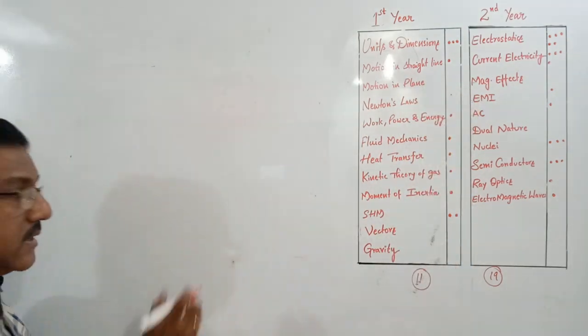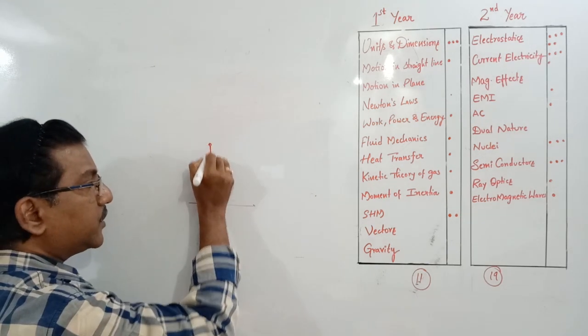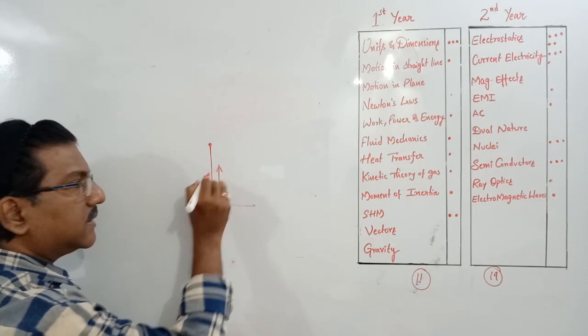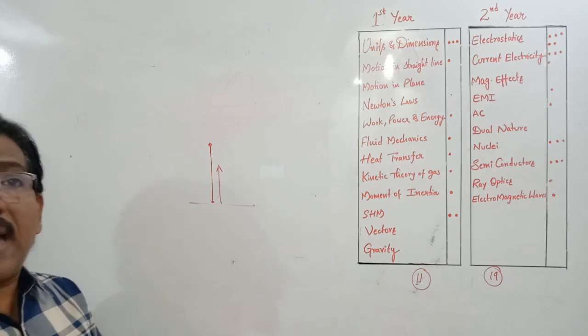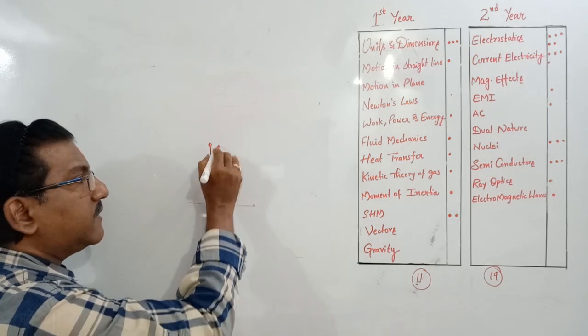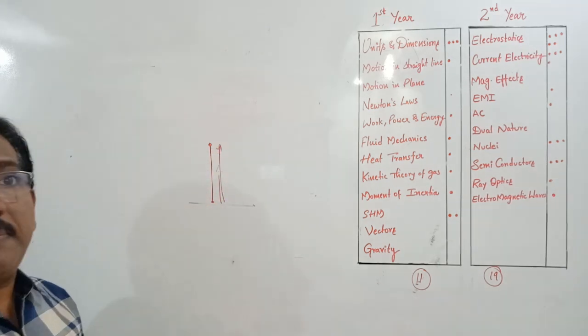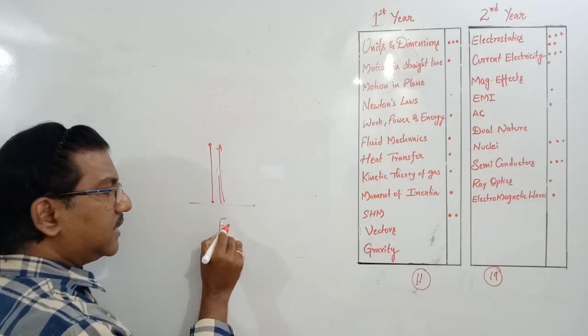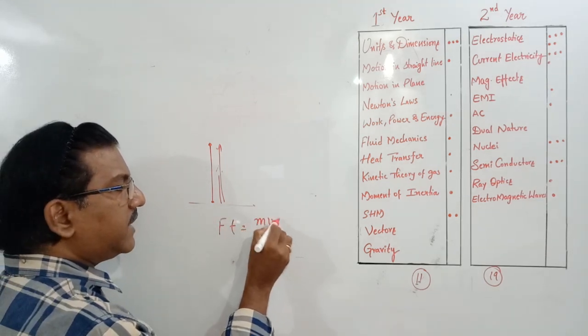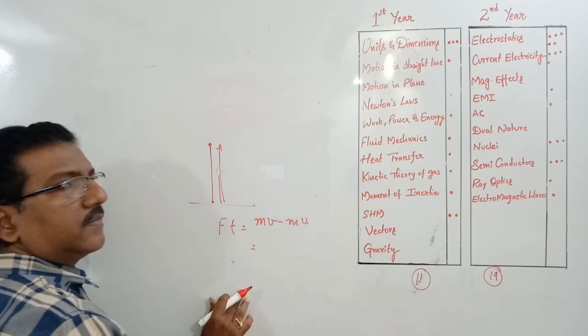What's the difficult question? One ball falls and bounces back with the same height. What is impulse? Newton's second law, Ft is equal to mv minus mu.